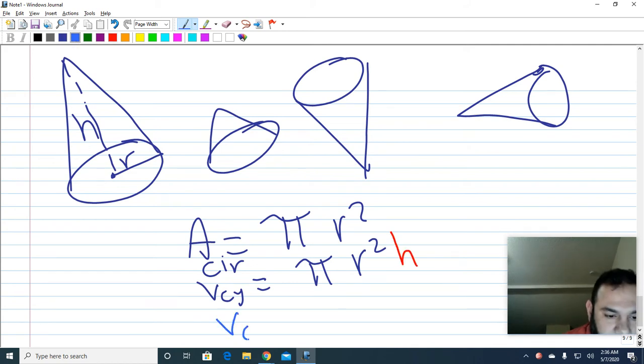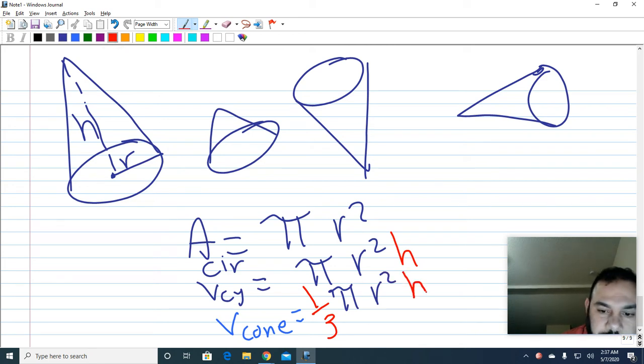The volume of a cone will be equal to 1/3 pi r squared h. Yes, believe it or not, it's that simple. So we can say that the cone is 1/3 of the volume of a cylinder that has the same radius and same height.